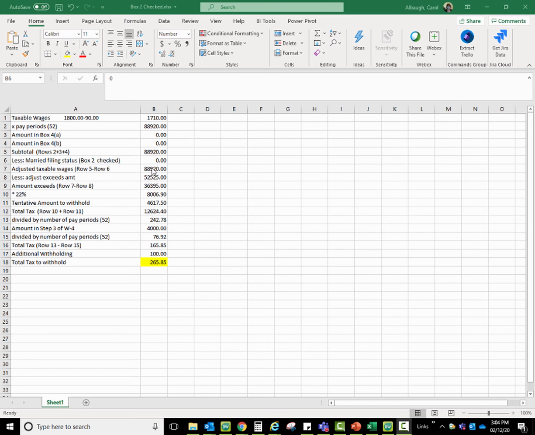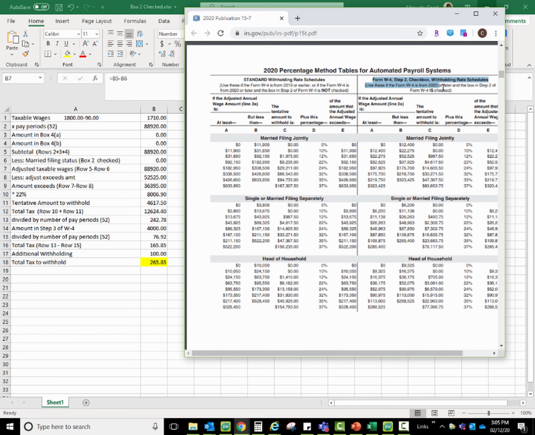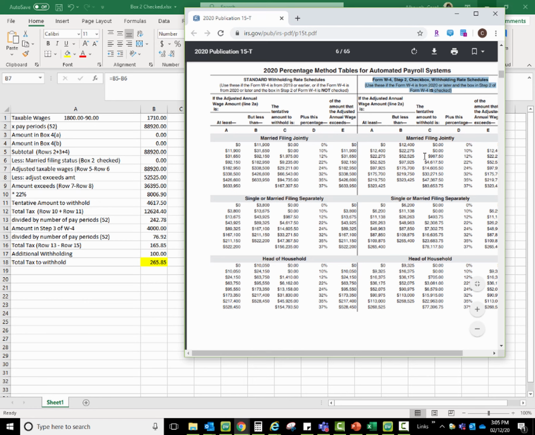That now brings our subtotal for the adjusted taxable wages to $88,920. Let's calculate the tax. In this example, our employee is using the Form W-4 from 2020, and the box in step 2 is checked, so we need to use the withholding tables on the right.